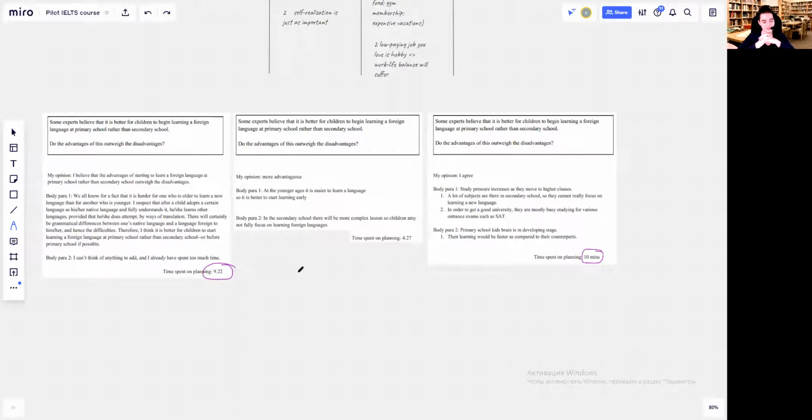And the authors of these plans know what it is because I've written it in the comments to the assignments. All of these considered only one point of view.